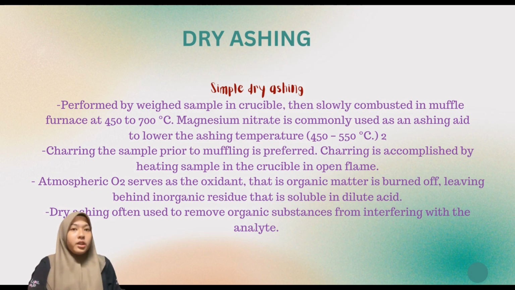Charring the sample prior to muffling is preferred. Charring is accomplished by heating the sample in the crucible over an open flame. Atmospheric oxygen serves as the oxidant. Organic matter is burned off, leaving behind inorganic residue that is soluble in dilute acid. Dry ashing is often used to remove organic substances from interfering with the analyte.